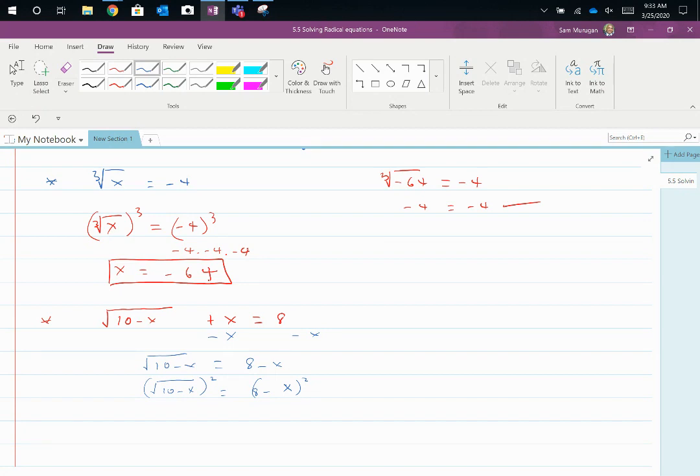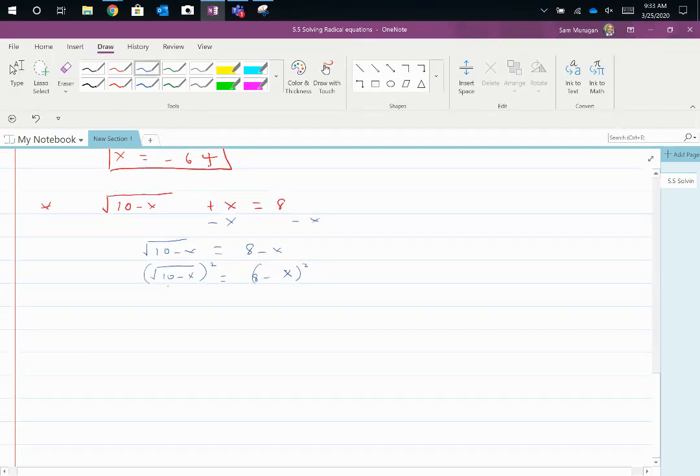That means the radical disappears here. This is 10 minus x. And then we have 8 minus x times 8 minus x. So we would need to FOIL that out.